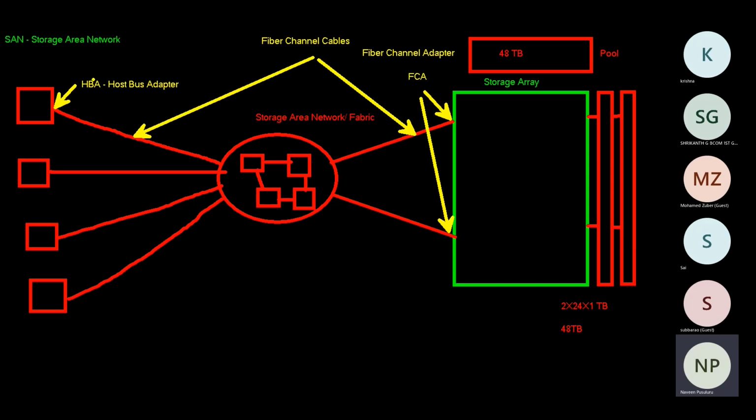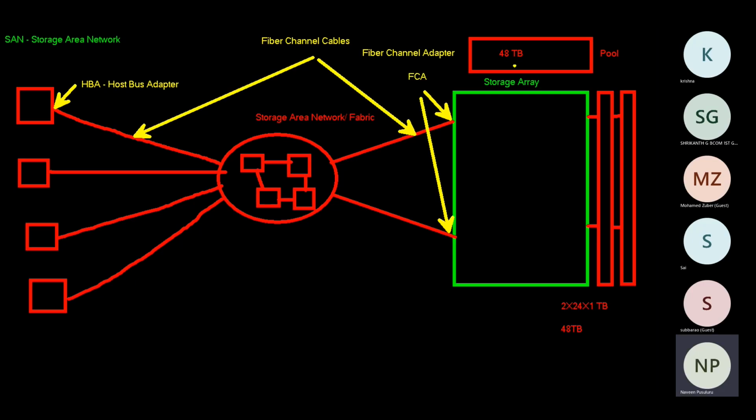The unique address this server HBA has will not be assigned to any other HBA in the world. It belongs only to this HBA. With the help of that address only, the devices will be able to identify each other.